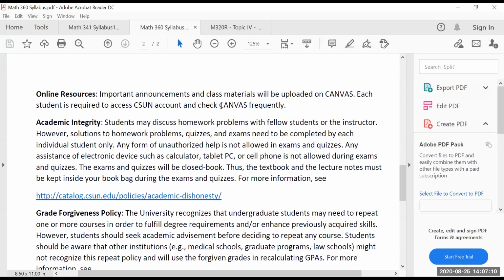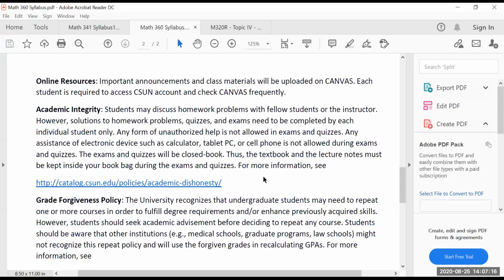You need to check the Canvas frequently since I upload most of the stuff on the Canvas. I also upload the lecture notes. Since the classes are online, I'm going to use this whiteboard feature to solve the problems.